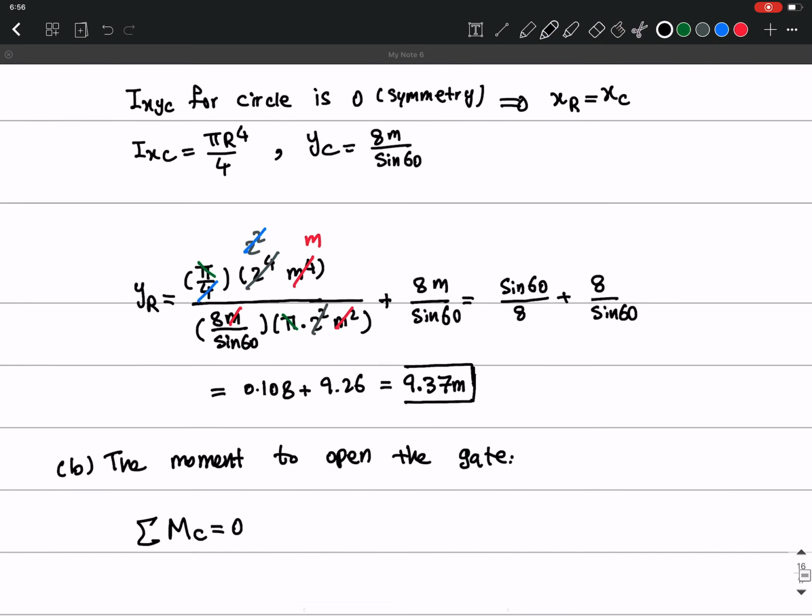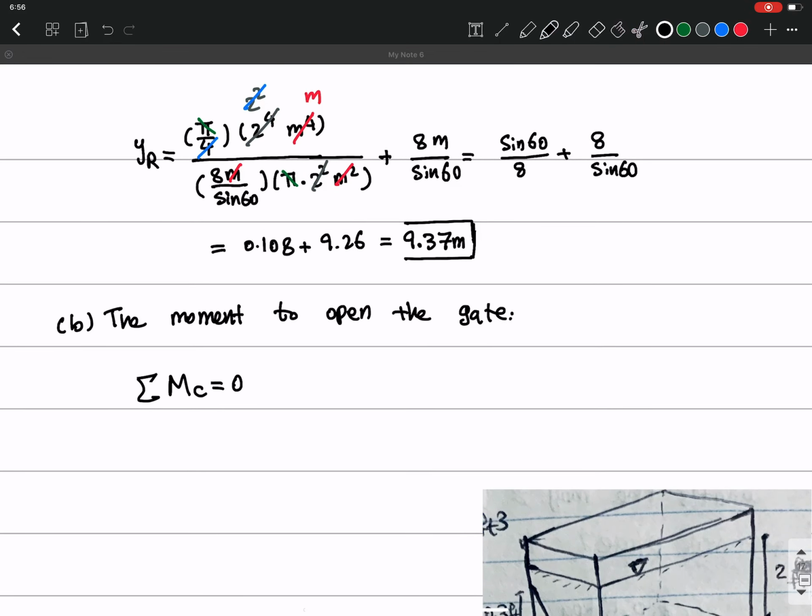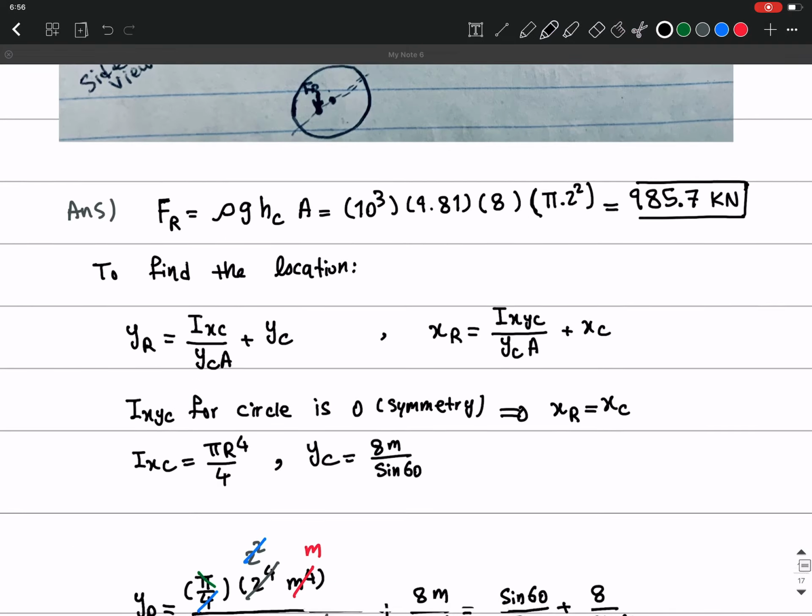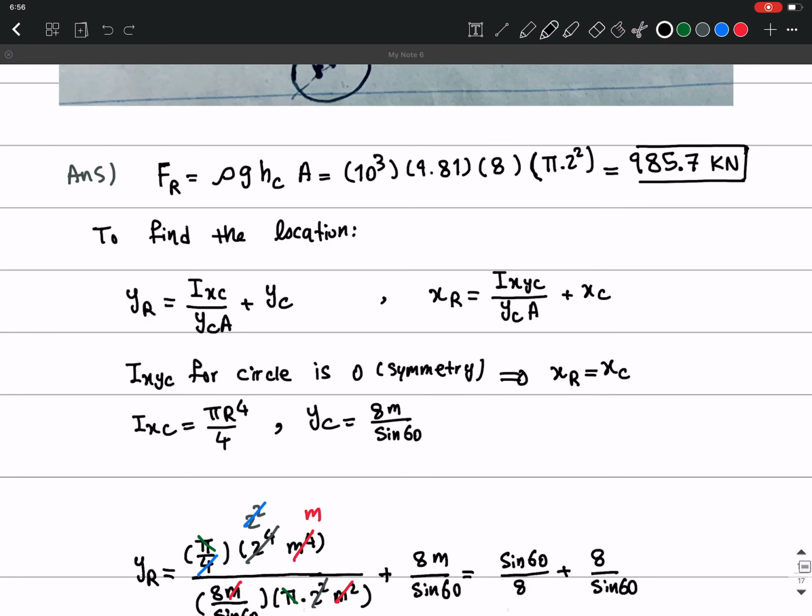It's not that difficult. So the moment M is going to be FR times YR minus YC, which is going to be: FR is 958.7 kilonewton.